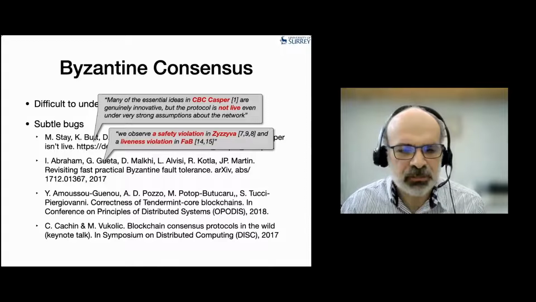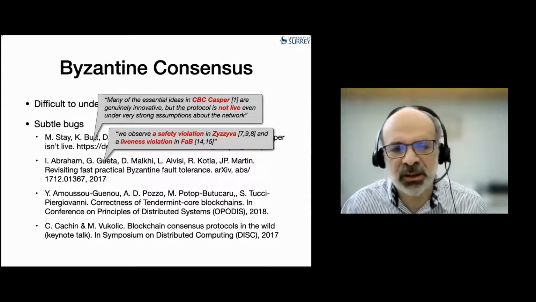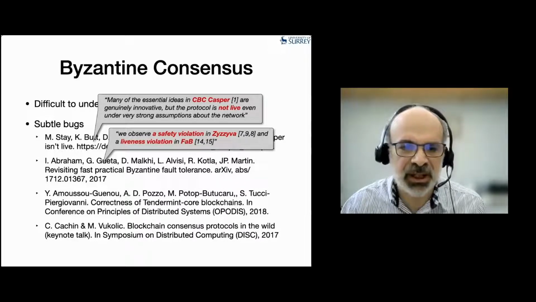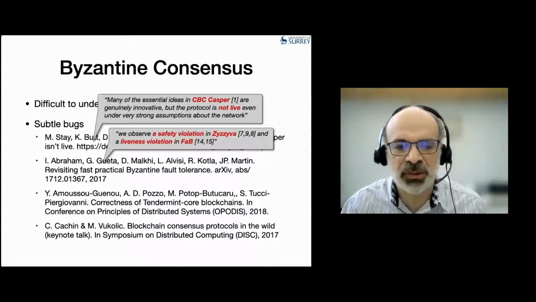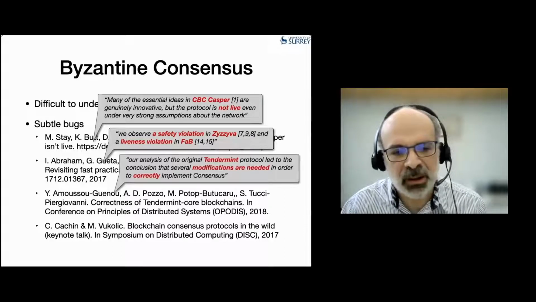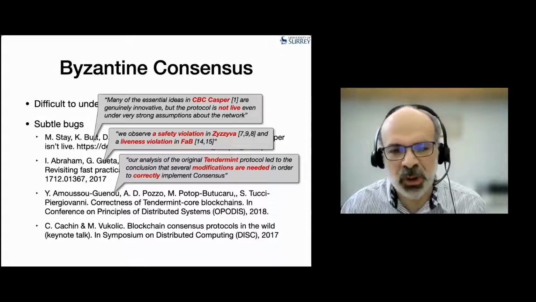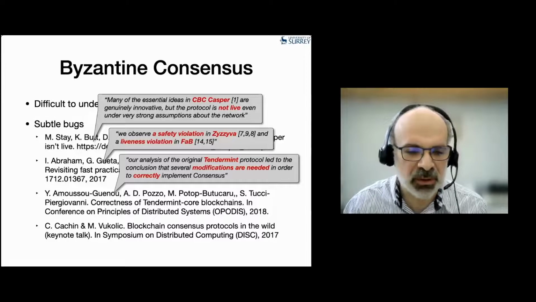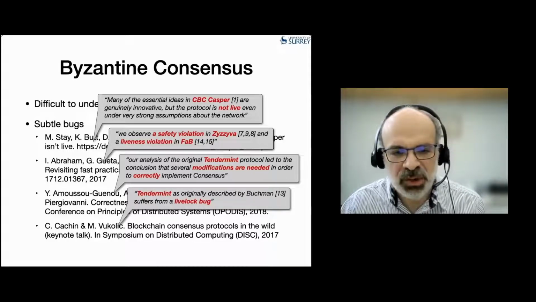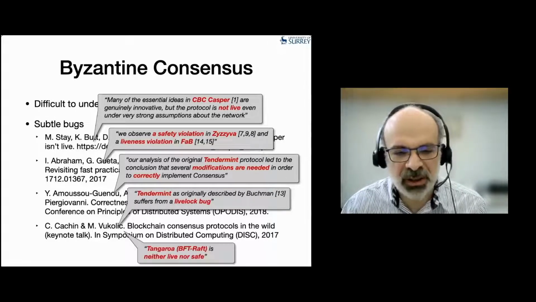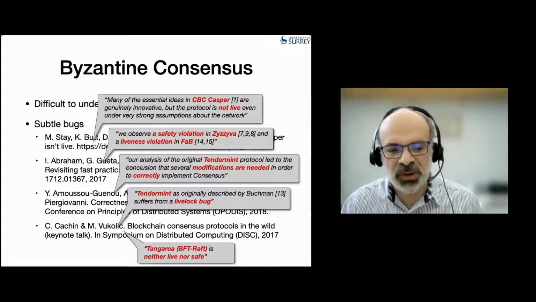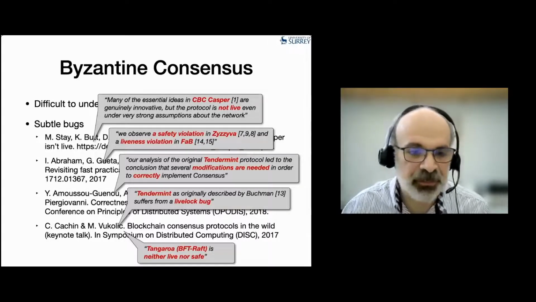This paper reported both safety and liveness violations in various published consensus protocols. This paper found bugs in the Tendermint liveness protocol that we just discussed briefly. This paper confirmed that bug and also reported another bug, in BFT Raft.